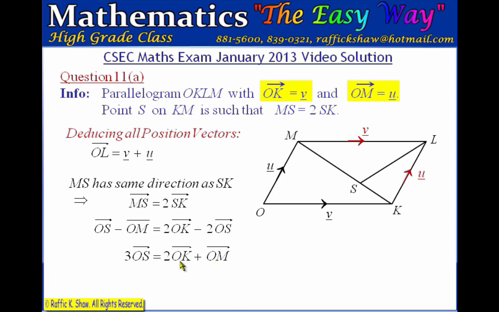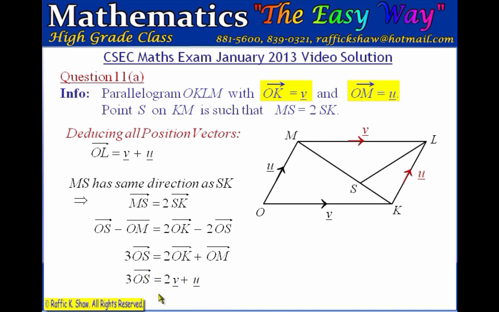And since we know that OK is equal to v and OM is equal to u, this vector equation reduces to 3OS equals 2v plus u. 2 times OK becomes 2v and OM becomes u. And so 3 times vector OS is equal to 2v plus u.